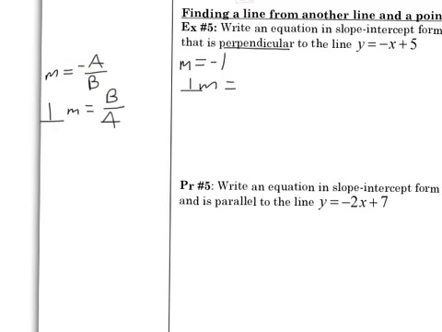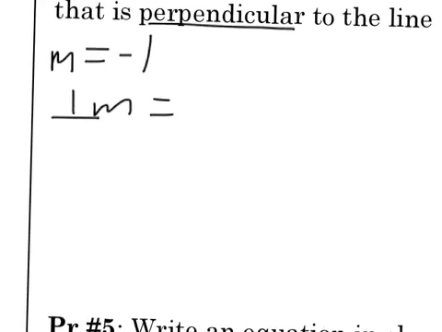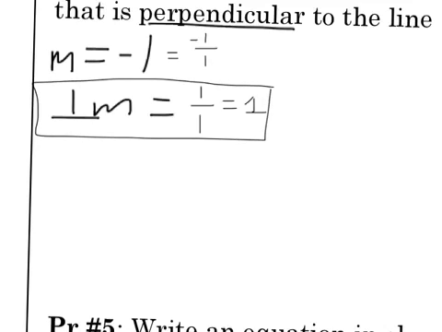So in this situation, here I have -1. Well, that's the same thing as -1 over 1. So when I flip it, I'm going to have 1 over 1, and I took away the negative. So my perpendicular slope is just 1. Okay. Now if this was -1/2, then my slope would be 2, because 1 over 2, flip it, I'd get a 2, take away the negative.